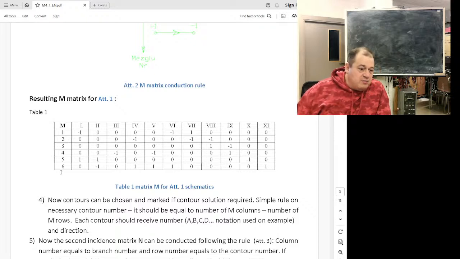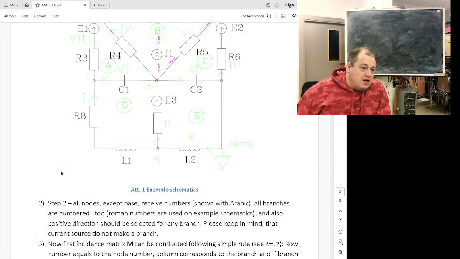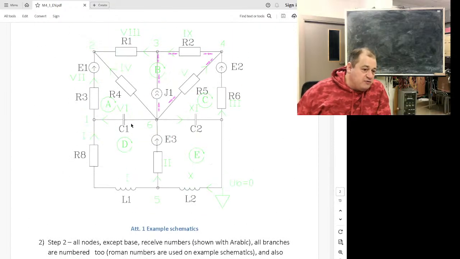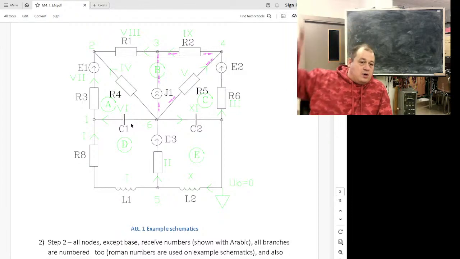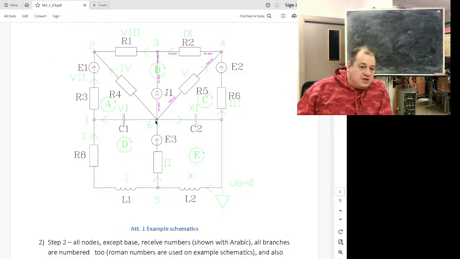Here 11 minus 6 yields 5. I need to select 5 contours, 5 sets of branches that some imaginary traveler can walk around. So I'm taking this one as first, this one as second. Here will be the third one, number 4 and number 5.